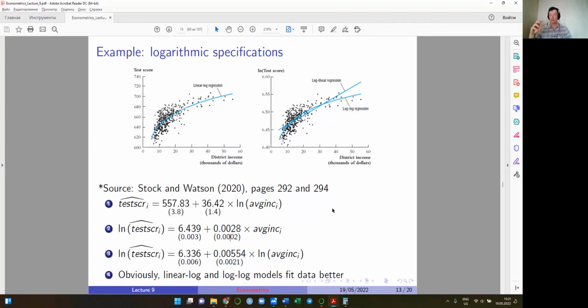And now you see that the first step in order to fit this nonlinearity to the data is to transform your variable appropriately, either into the polynomial or into the logarithm, or, for example, to fit hyperbola, you need to calculate 1 over average income. And in this case, you will get the hyperbolic specification of the model. And you can test if this hyperbolic specification fits better than one of these two.